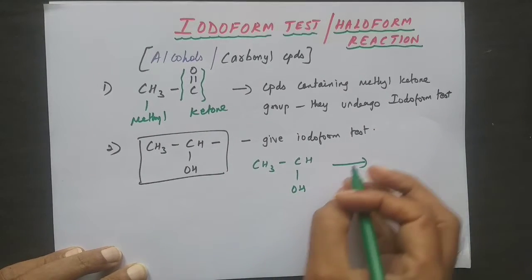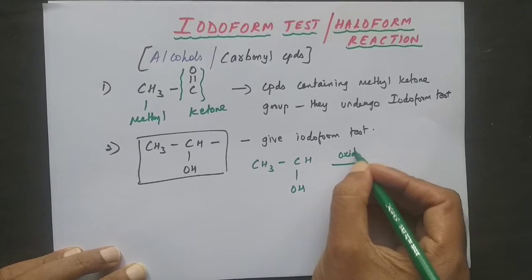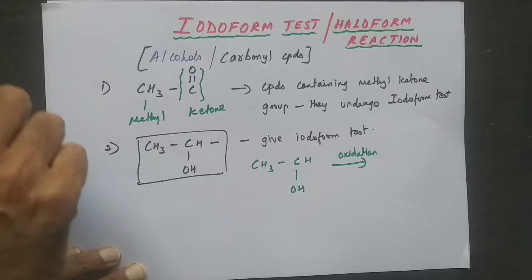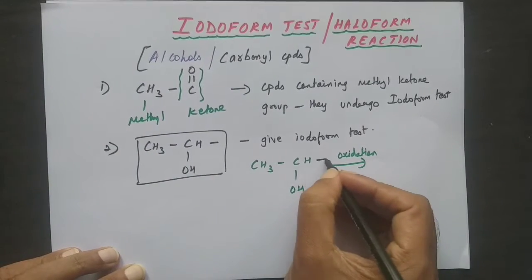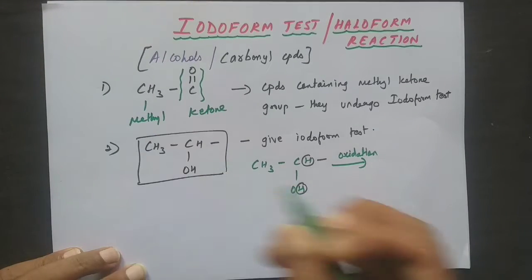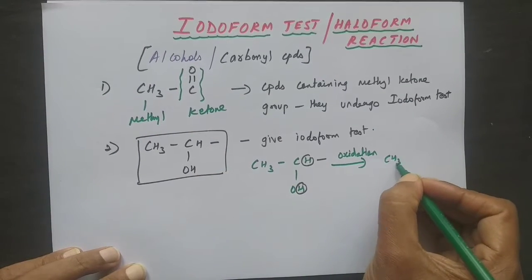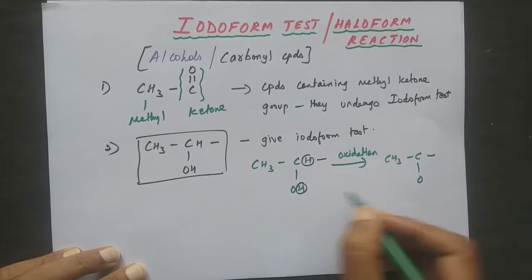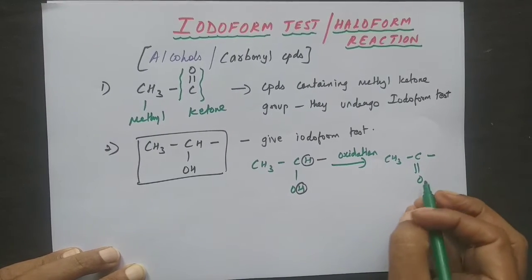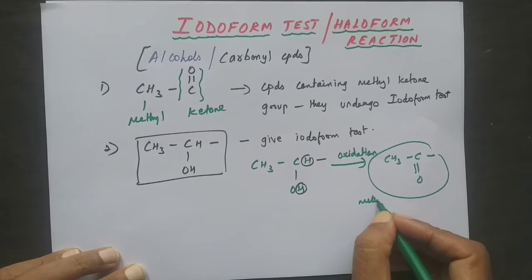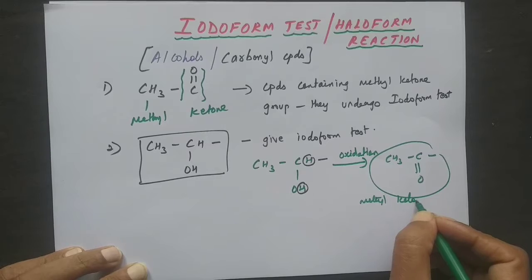This compound on oxidation, oxidation being like removal of hydrogen. When I remove one hydrogen from here and one hydrogen from here, the remaining product will be CH3C with oxygen and a double bond. So once again we are getting this methyl ketone group.